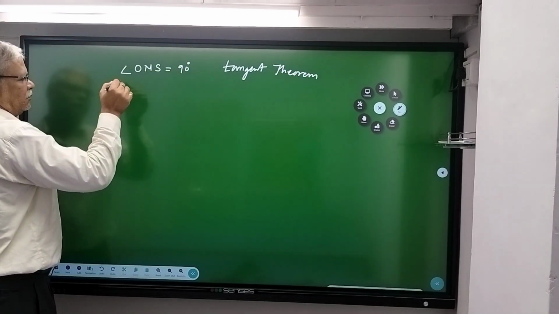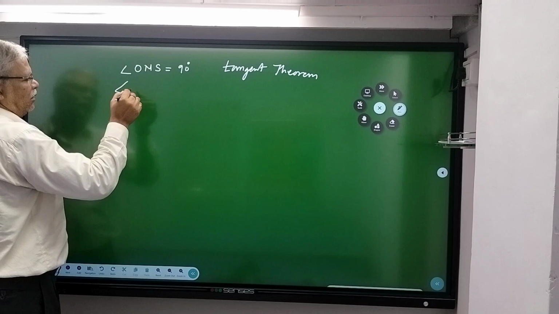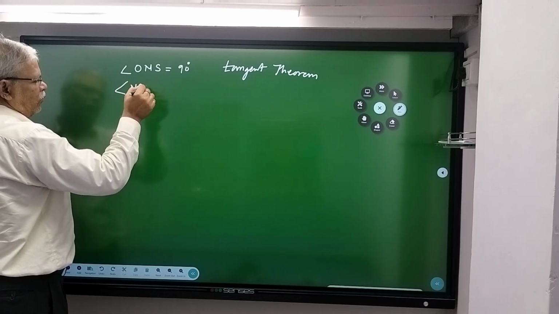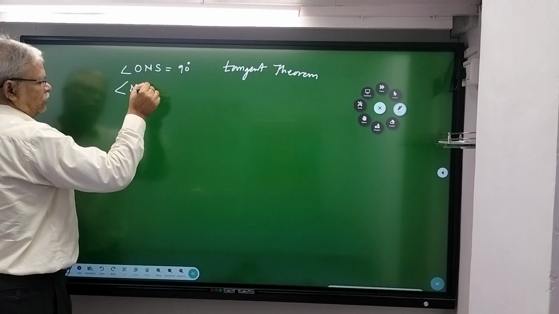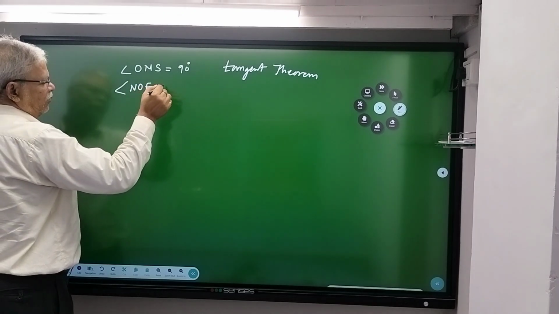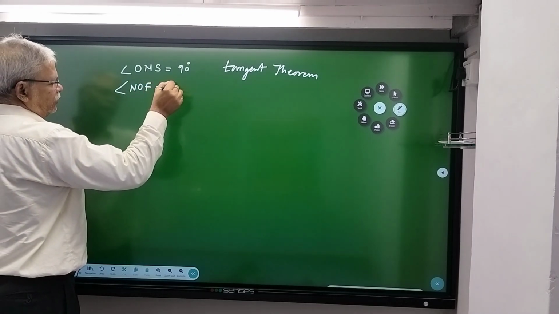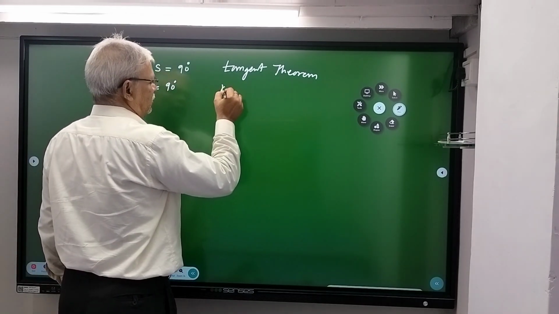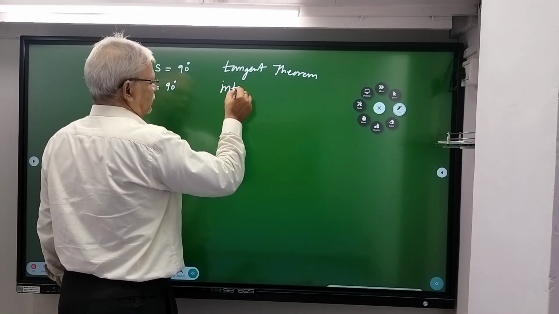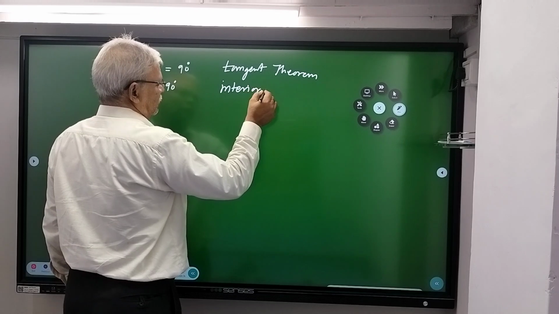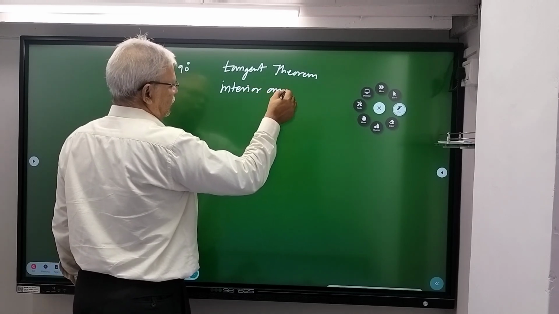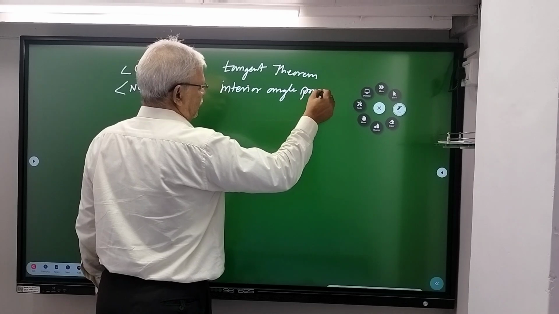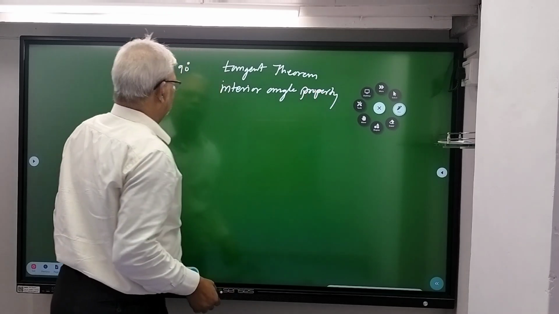And angle NOF will also be equal to 90. Why? Interior angle property. Okay.